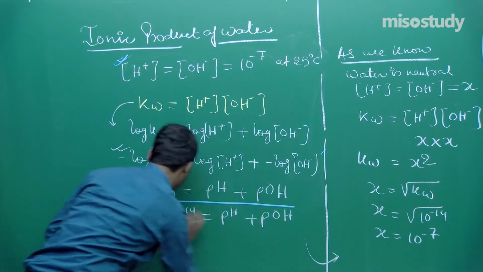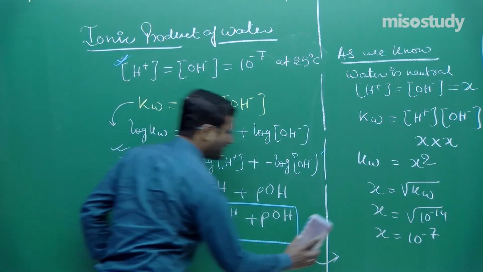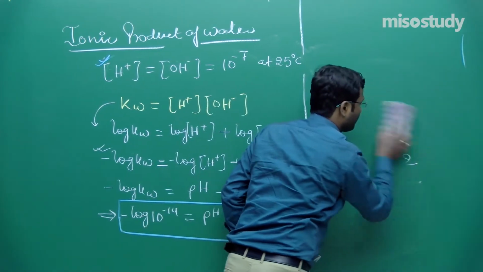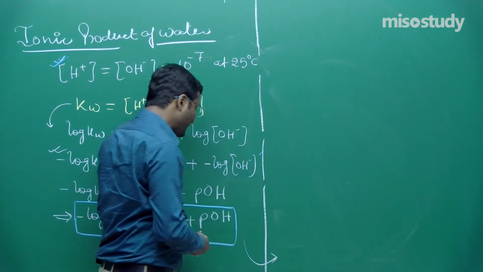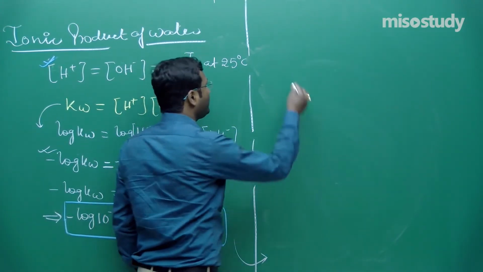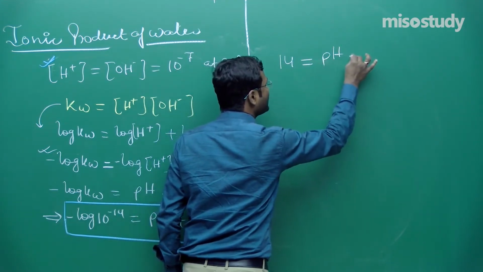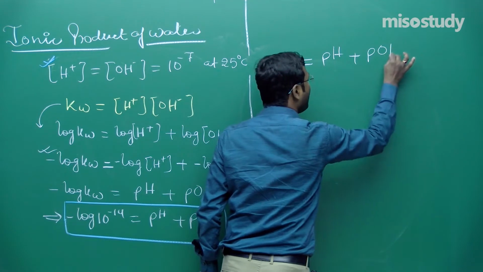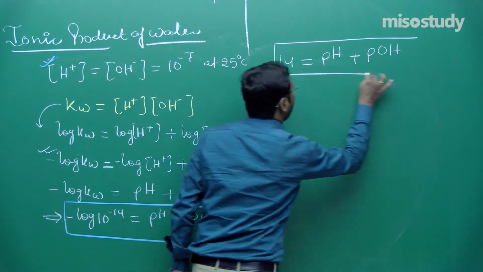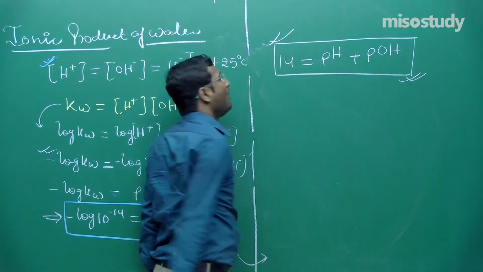Now, what is the final output? Minus log 10 to the power minus 14 will be equal to 14, that is pH plus pOH. This is the final derivation. pH plus pOH is always equal to 14.